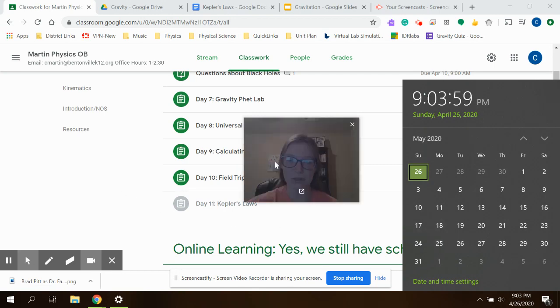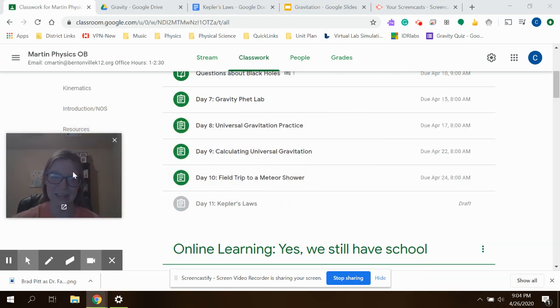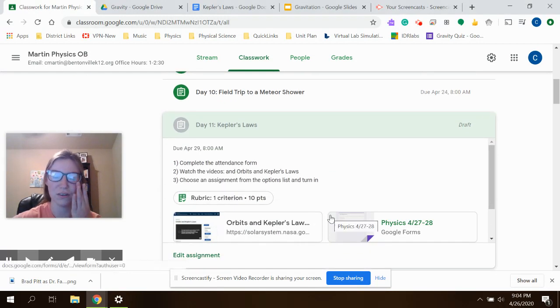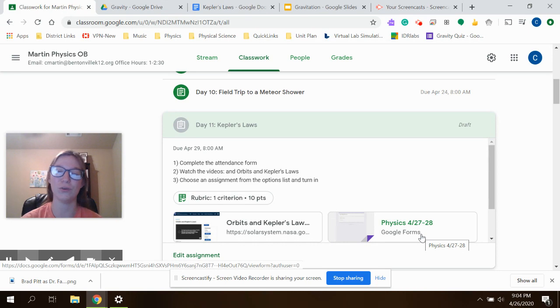All right, and with that, let's talk about today's assignment. So today we're going over Kepler's laws. There is an attendance form right here. It's got 2 questions about science, which are more about your opinion about science. I've been trying to make these Google forms a little bit less about the questions on what we're learning, and more about thinking questions, like, what do you think about these things?